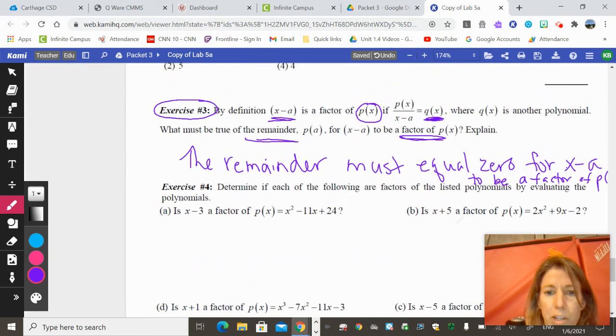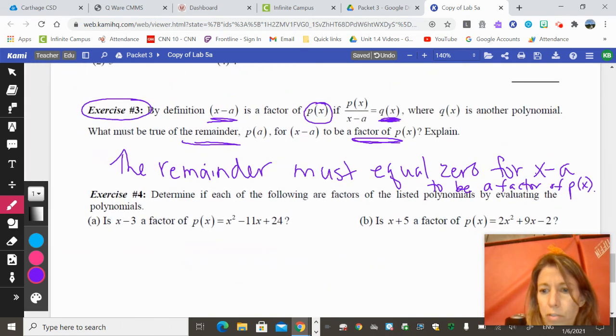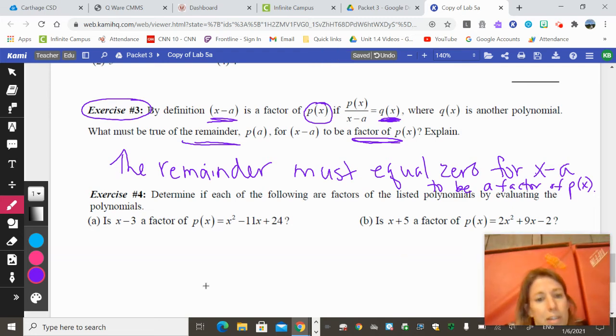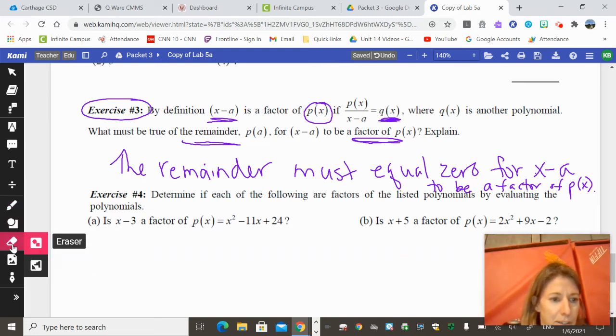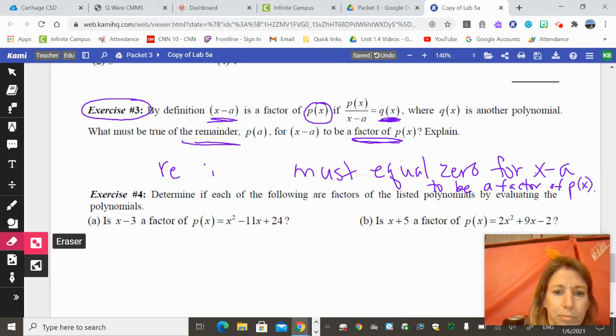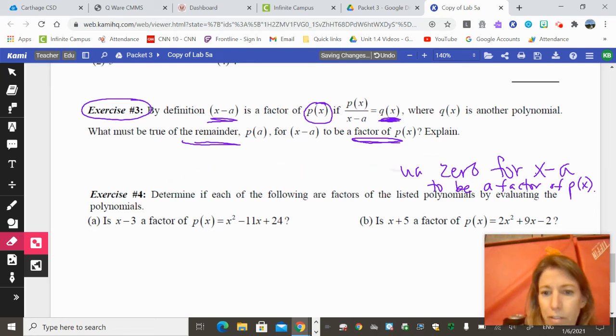I should have zoomed in because my handwriting was horrible. It does say explain, so maybe I should add some more of a statement. I apologize. I'm going to erase that and type it because it's really messy. Sorry about that. I should use the text boxes more often.